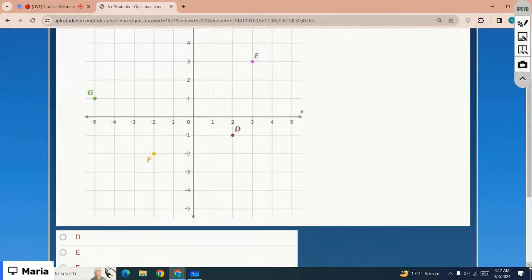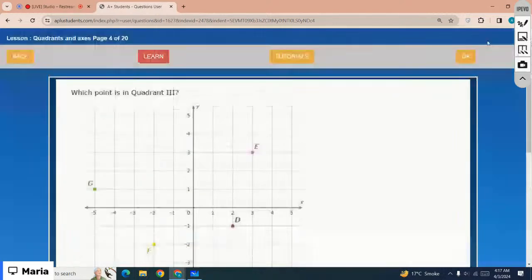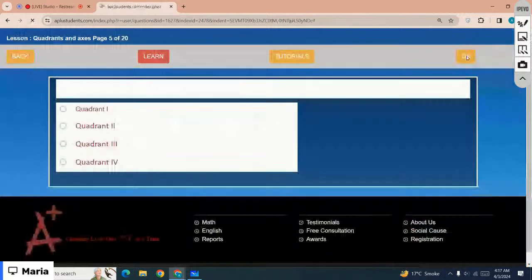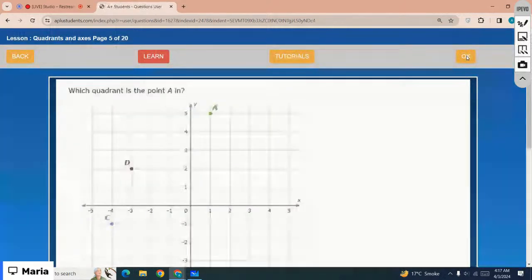The correct option is F. The next one is which quadrant is the point A in?